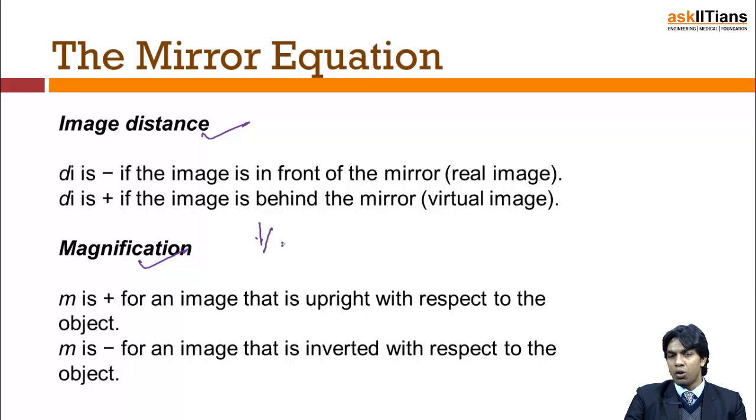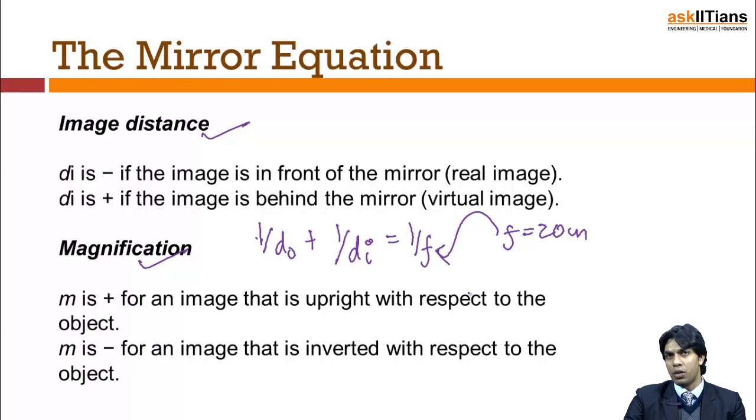That is, if I ask you to evaluate 1 by D0 plus 1 by Di is equal to 1 by F, and I give you that the focal length of my concave mirror is 20 centimeter, what the students do is they straight away take F is equal to 20 centimeter, which is actually not correct. The correct answer should be, since it's given that it's a concave mirror, F in reality is minus 20 centimeter. Please do keep this in mind.